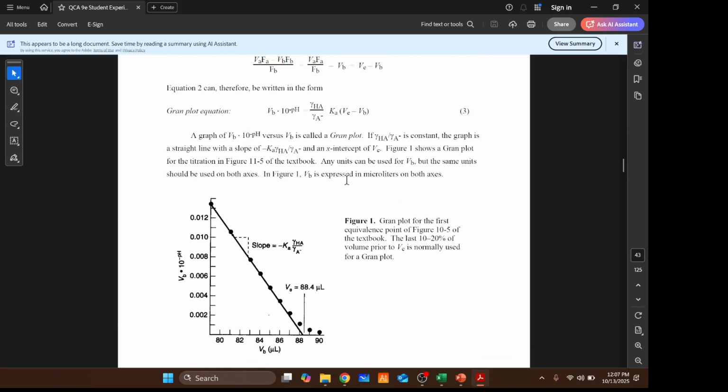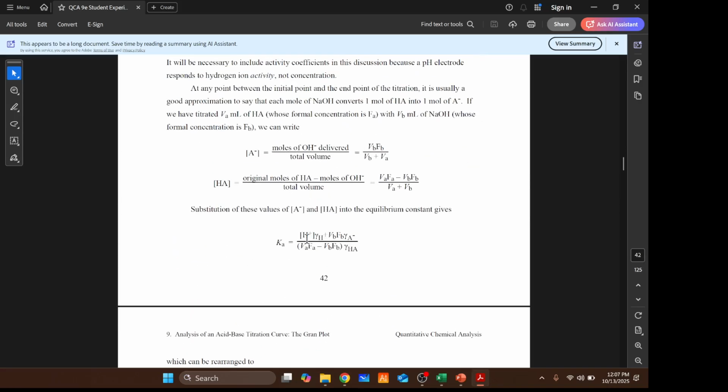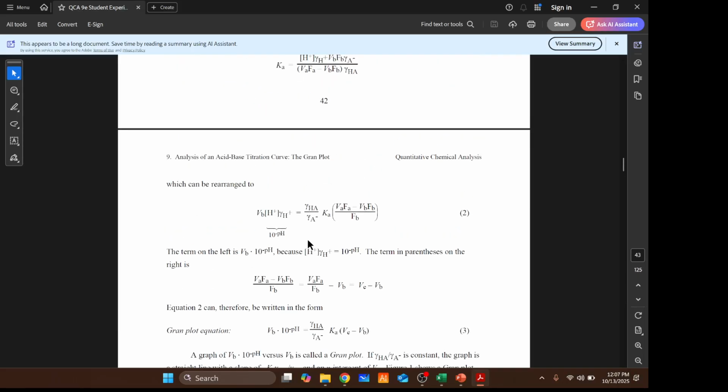I'd come up and I'd just plug into these equations right up here. Notice I have my Ka here. I'll have to slightly recalculate for each of these points.